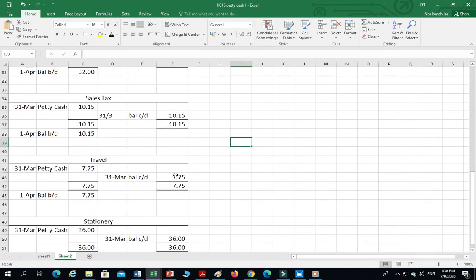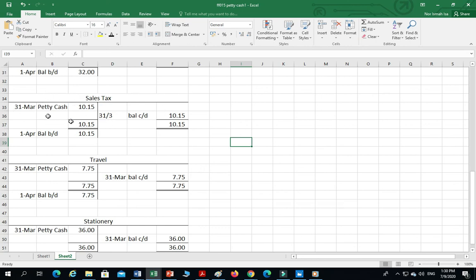So this is related with the petty cash only. Bear in mind that this account is also related with the cash payment day book and cash received day book. Same for the sales tax, related with the sales day book, sales return day book, and cash received day book.